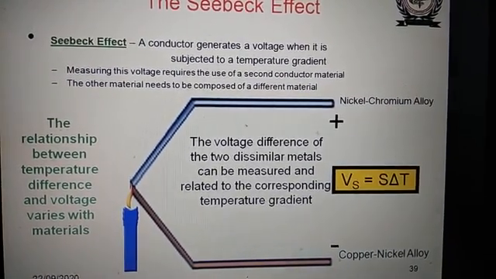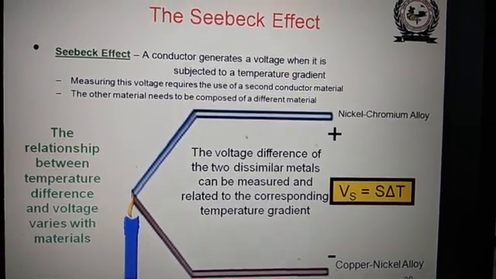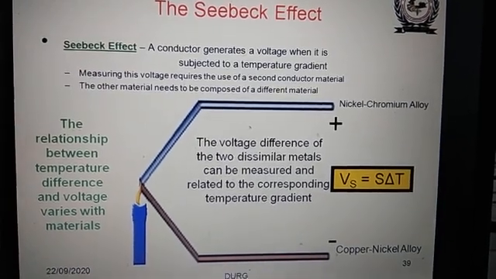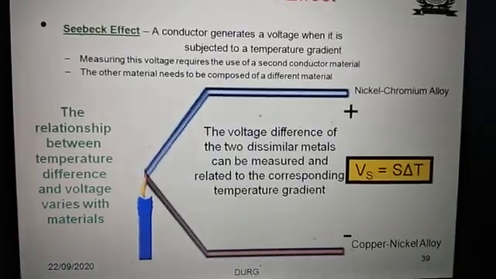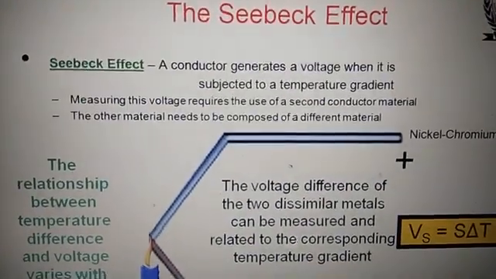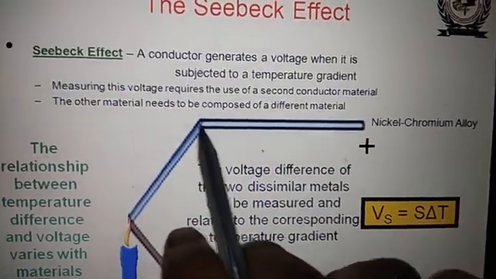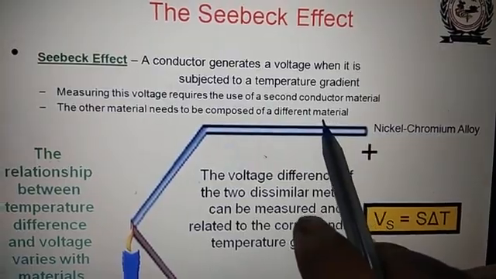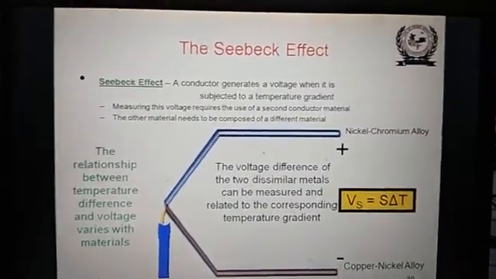The voltage difference of the two dissimilar metals can be measured and related to the corresponding temperature gradient. Here you can see the other material needs to be composed of a different material. So this is called the Seebeck effect.